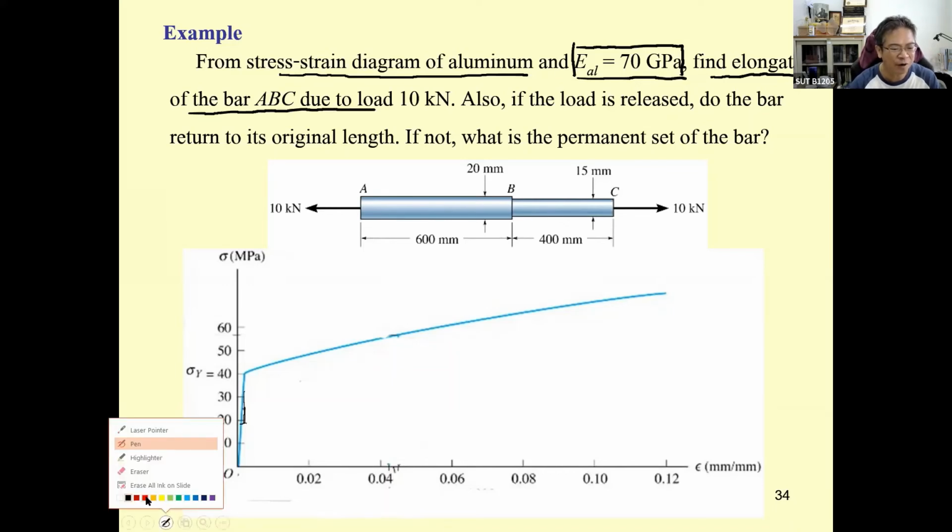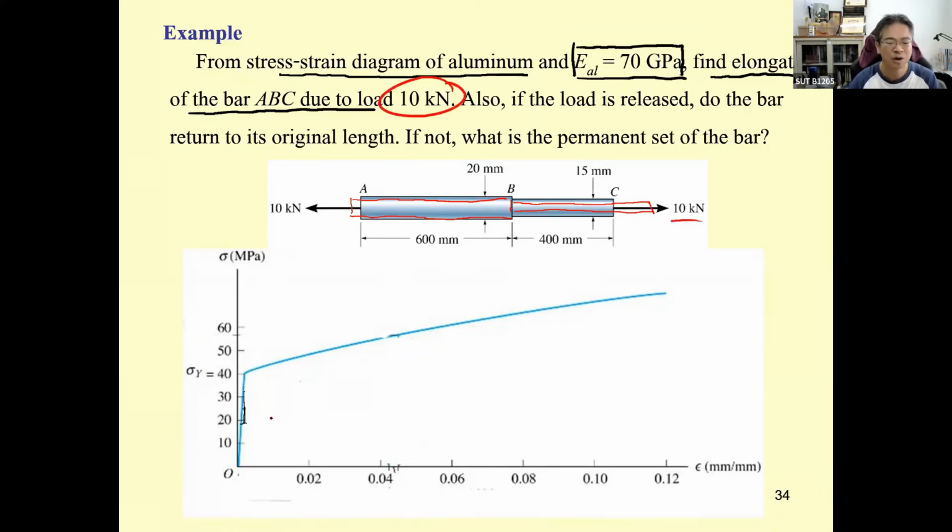Under the force, the bar will deform. Okay, let me put B as the reference line. This one will deform, and another one in this side gonna have a larger deformation because the stress in the BC gonna be larger. It's subjected to 10 kilonewton. So when you leave this, you get the graph. Okay, you get the graph of the stress strain diagram.